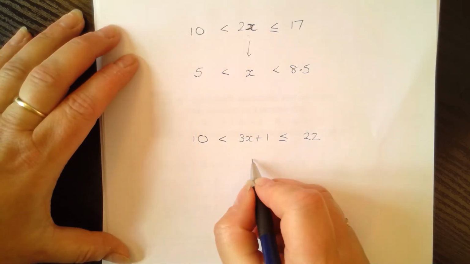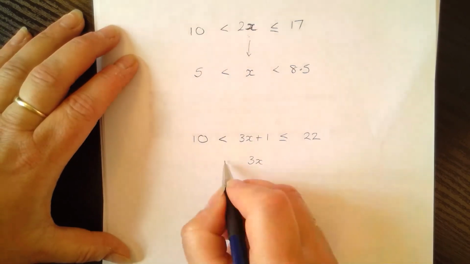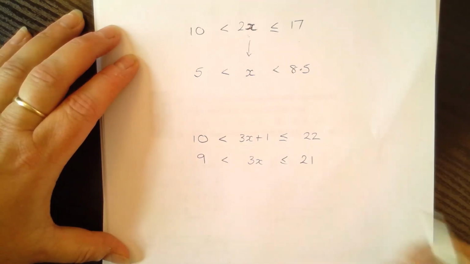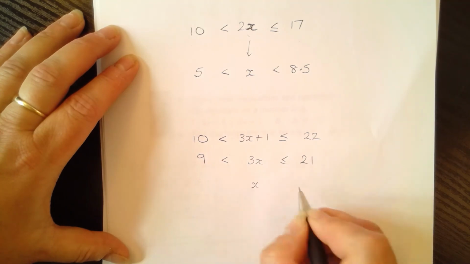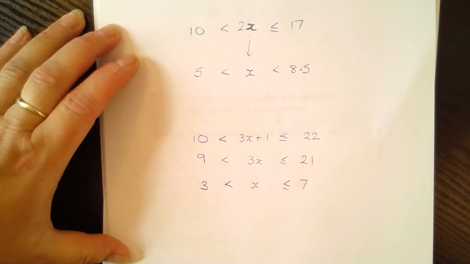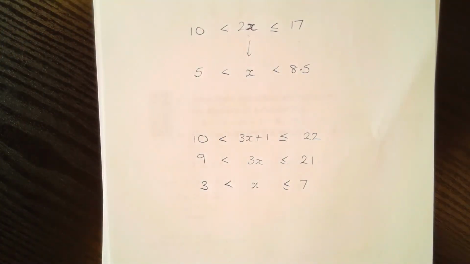So taking away 1 gives me 3x, 9 and 21, and dividing by 3 gives me that. So that's all the examples and a few extras from Inequalities, section 10F.